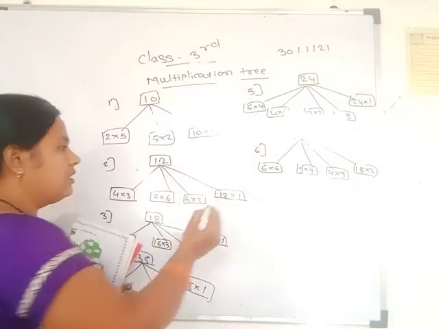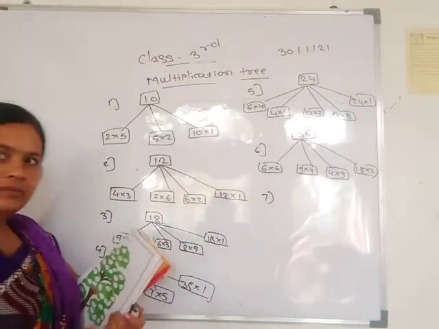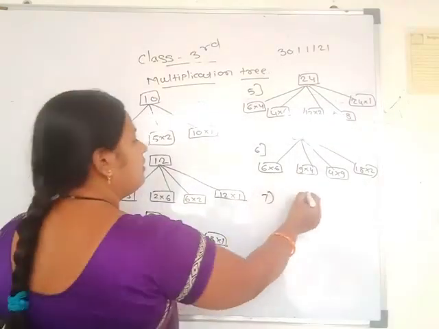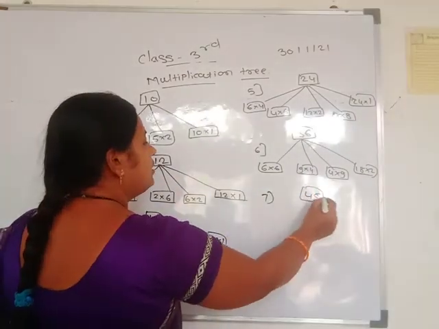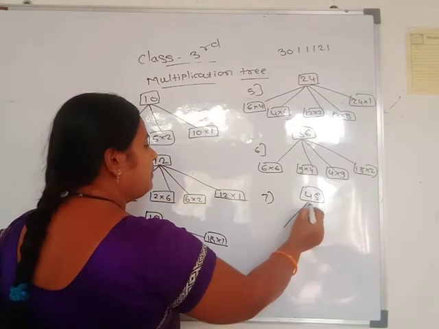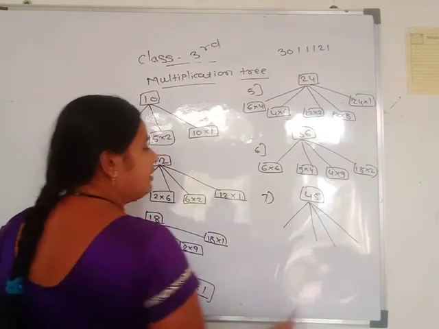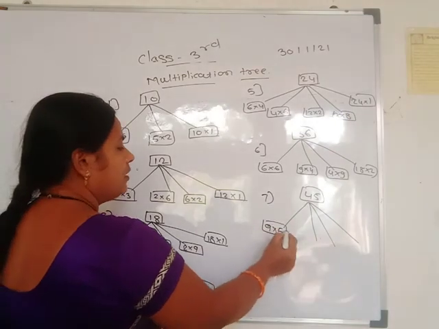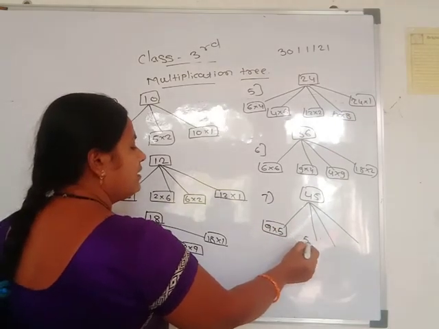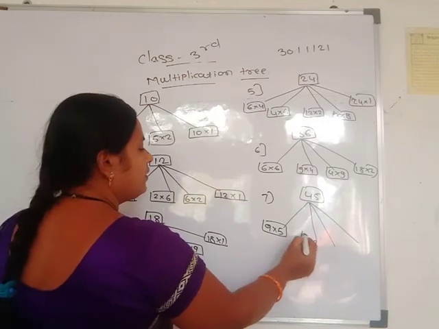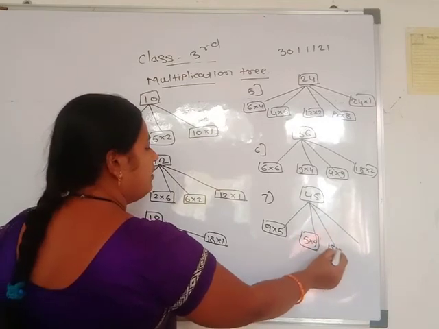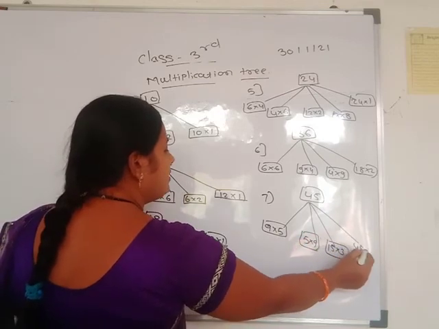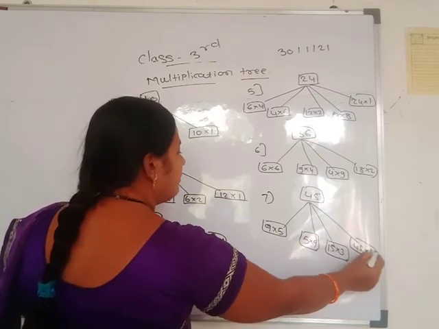Then the next number after 36 is 45. You write these four multiplications of 45: 9 fives are 45, 5 nines are 45, 15 threes are 45, and last one 45 ones are 45.